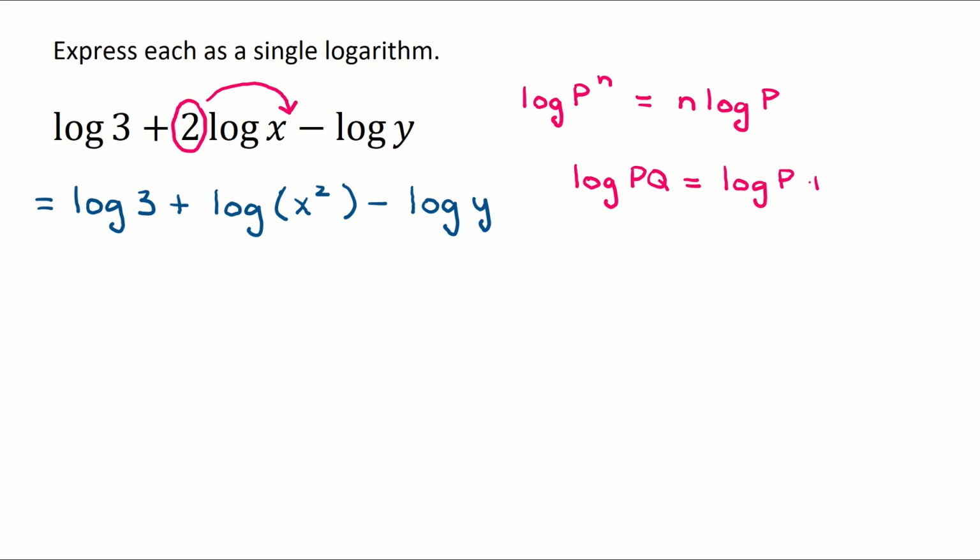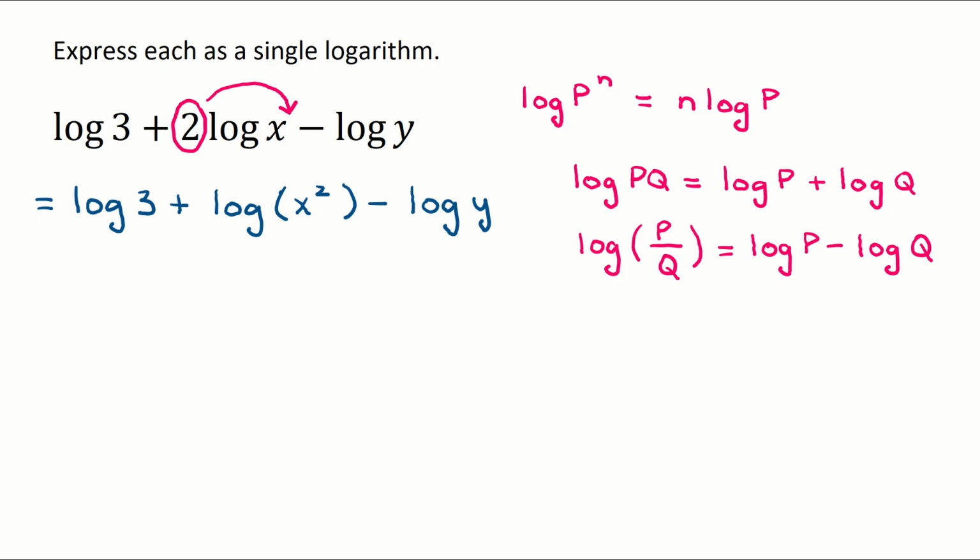So log of P plus log of Q. And the quotient rule, so if we have log of P over Q, we subtract them, which is log of P minus log of Q. So in this case, you are adding the first two terms, which means we can multiply the 3 and the x squared, and we are subtracting the last term, which means we divide by the y. So when we combine this all together, we get log of 3x squared divided by y.